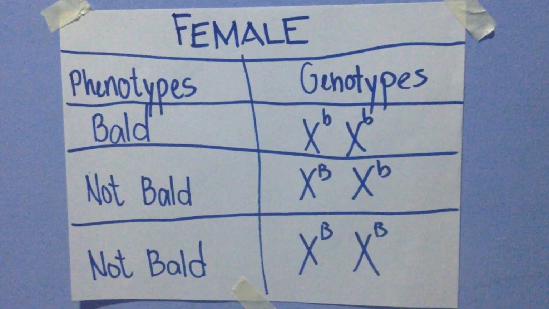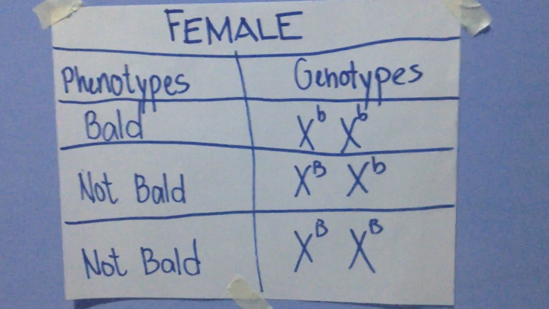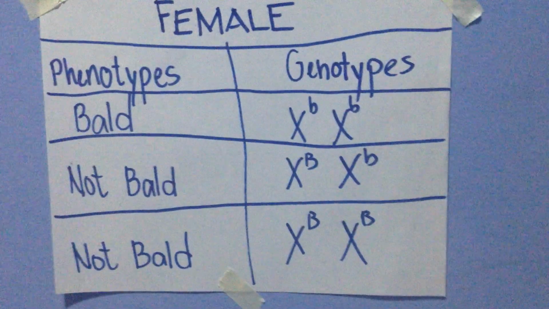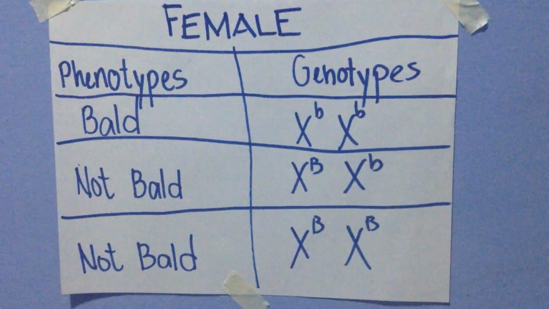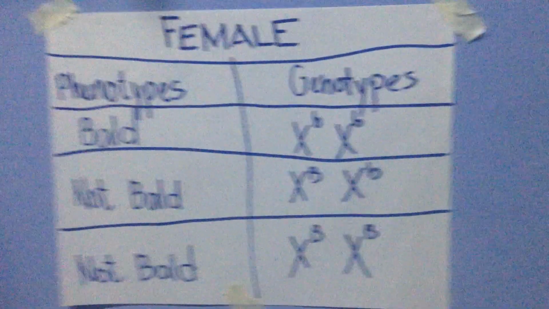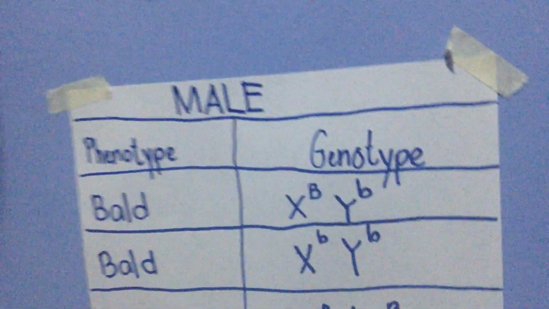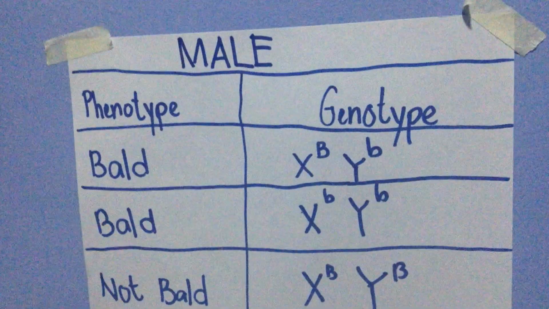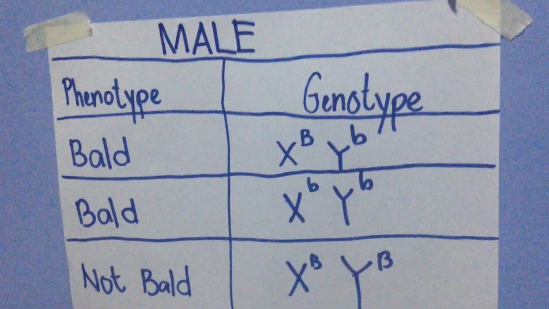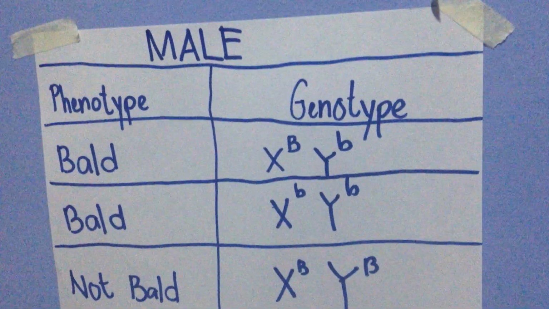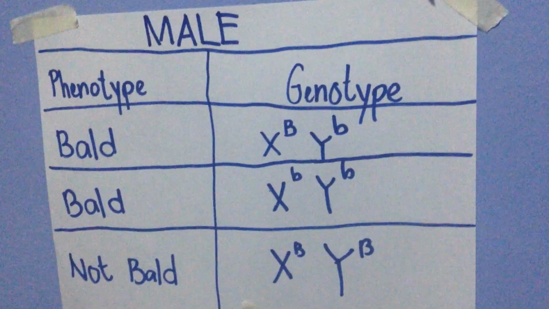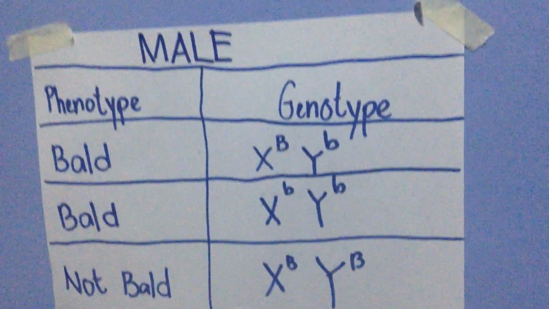If you have the genotype of X capital B and X small b, you would not be bald. And if you have a genotype of X capital B and X capital B, you will still not be bald. But while you're male, if you have a genotype of X capital B and Y small b, you will be bald. If you have X small b and Y small b, you would be bald. But if you have X capital B and Y capital B, you will not be bald.